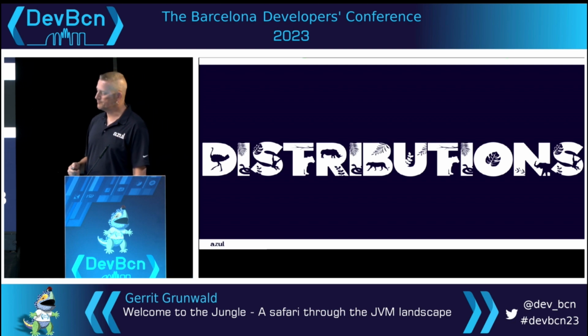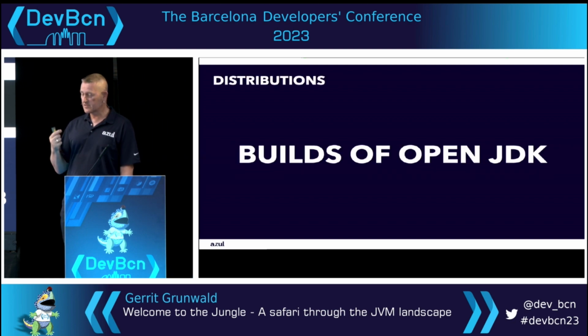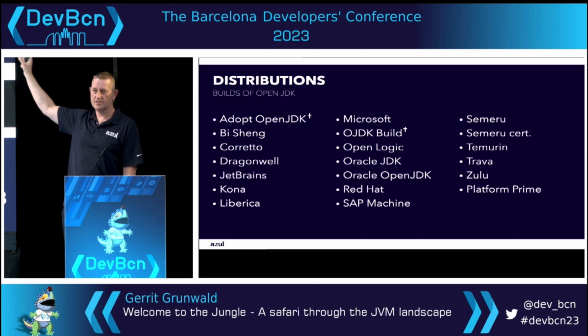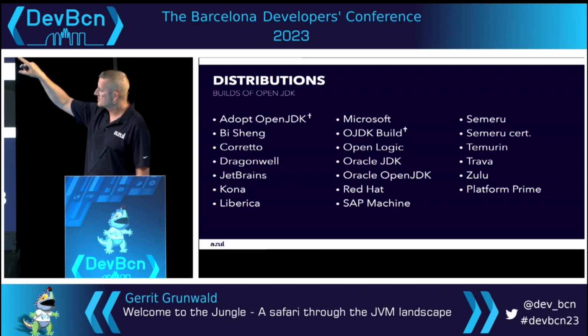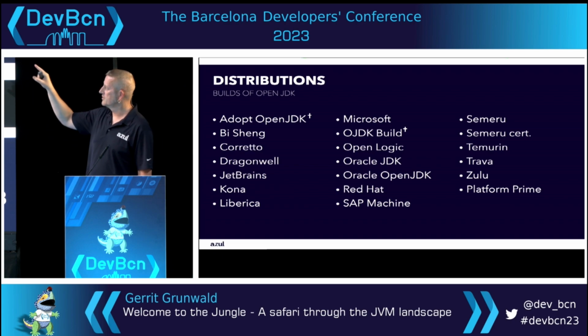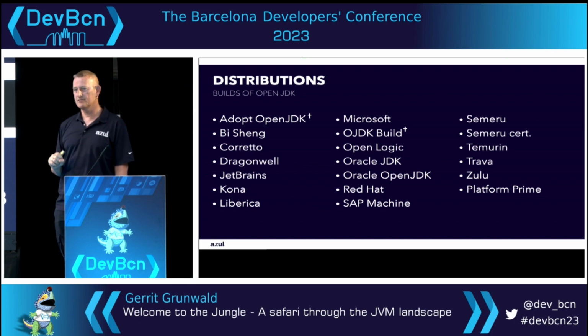All right, that leads me to distributions, to come back to the things that I asked in the first question. We have builds of OpenJDK, and these are all the distributions out there that I found that make sense. There are even more. And you see that some of them have this little cross on the top. Who's using Adapt OpenJDK still? Why?